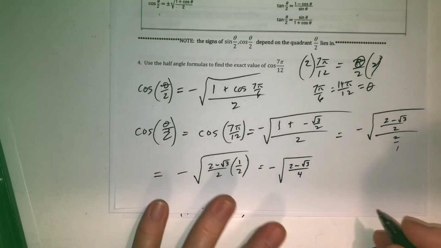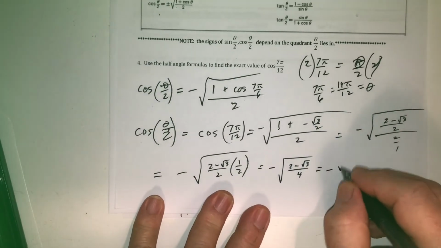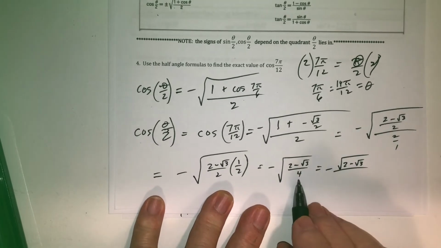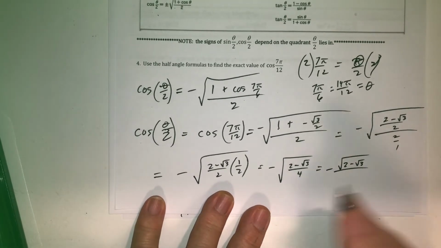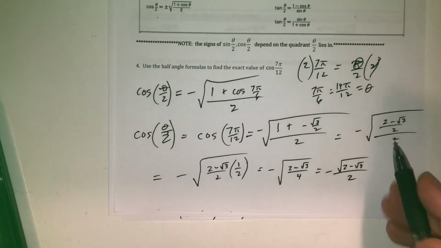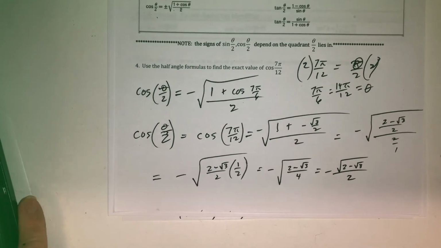Now you can simplify that a little bit by taking the square root of 2 minus the square root of 3 and dividing that by the square root of 4, but I don't want to write the square root of 4. The square root of 4 is simply 2. Okay, and there you go. You have simplified that about as simple as you can get it.